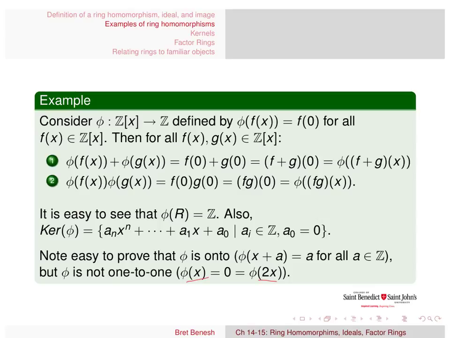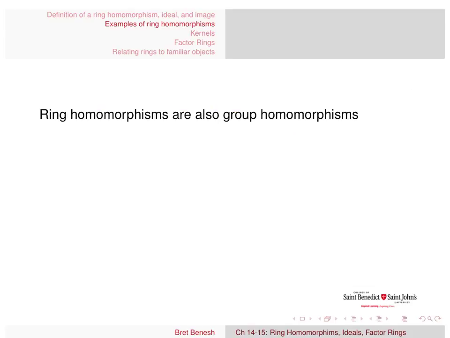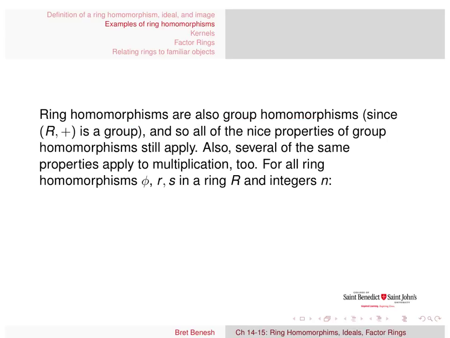Oh yeah, here's an example. Ring homomorphisms are group homomorphisms, so we get all the goodies that we got from group homomorphisms to apply, at least apply to addition, not necessarily multiplication. And then several of the same properties will apply to multiplication too.